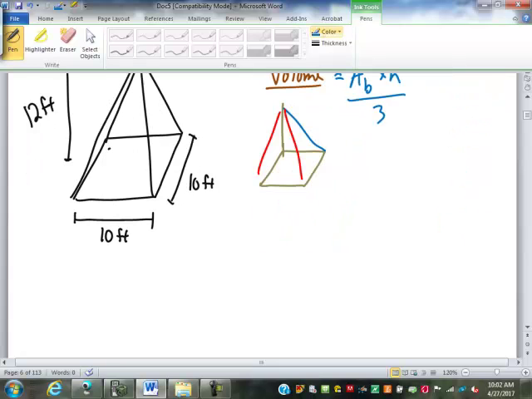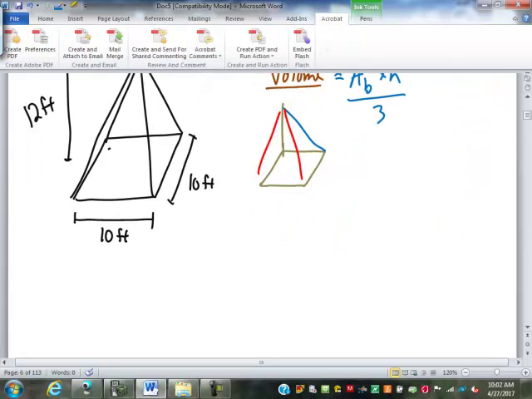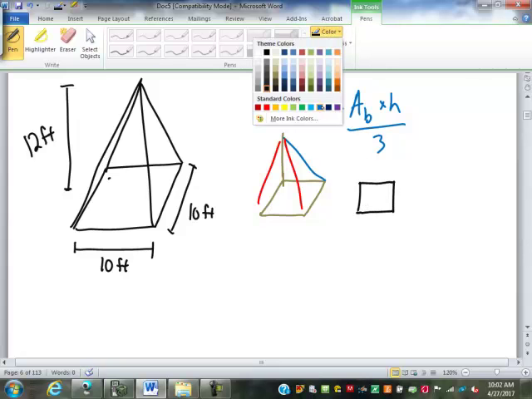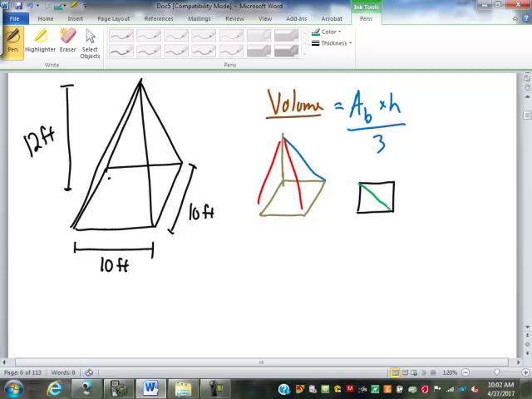When we're doing areas, I have a rectangle. If I know the area of the rectangle, how do I find the area of the triangle? Divide by 2, right? How many dimensions is a rectangle?